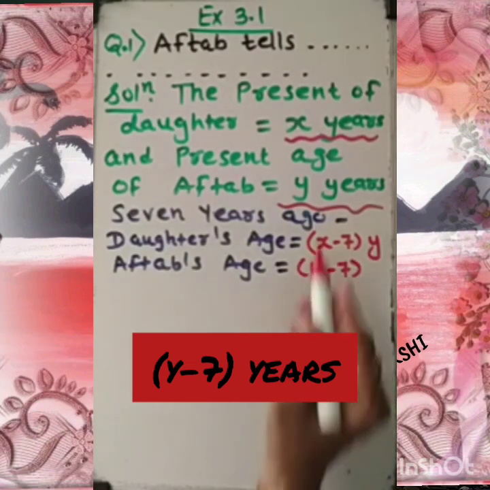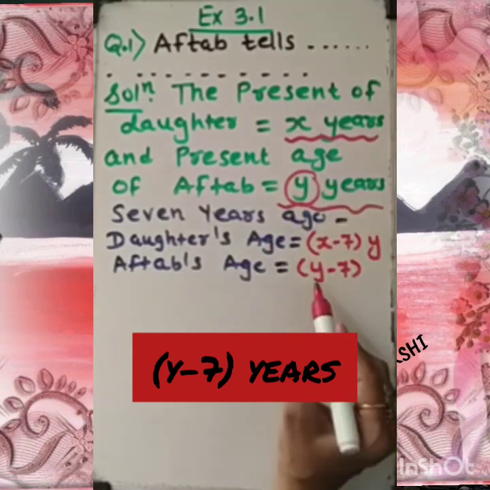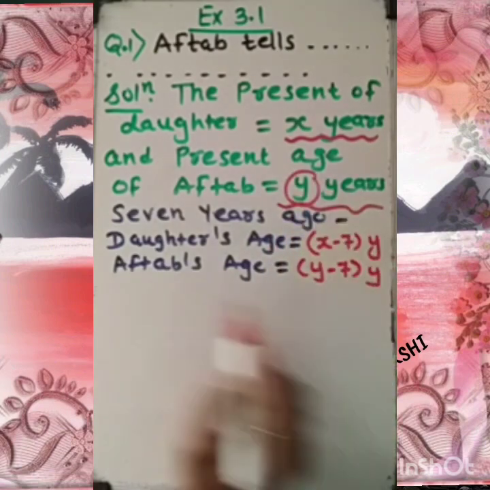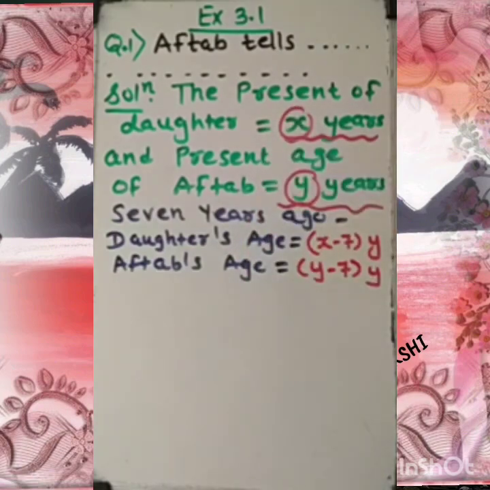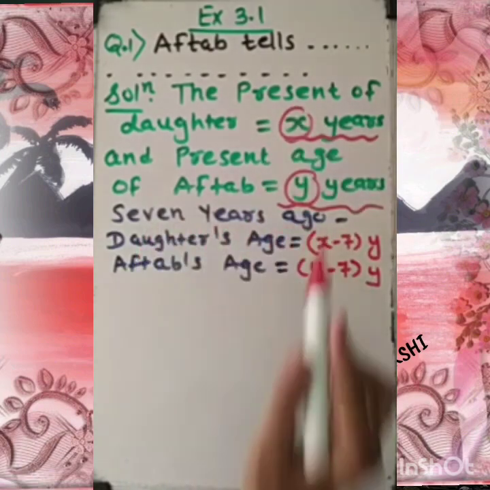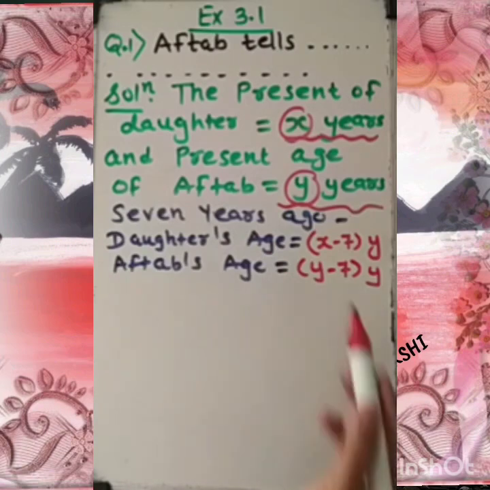His present age we have considered y. So y minus 7 years. The daughter's age we have considered x. So 7 years ago, that means previous, it is x minus 7 and y minus 7.